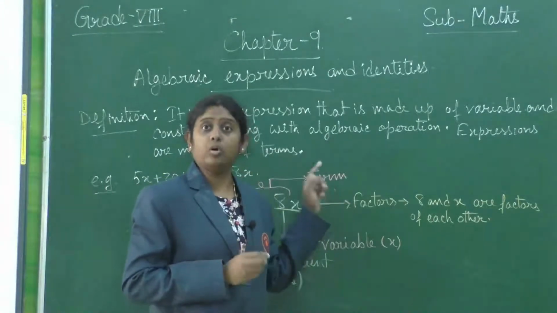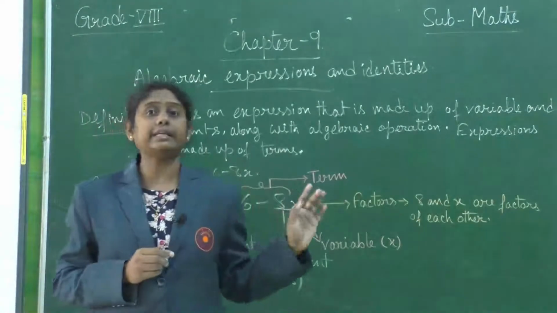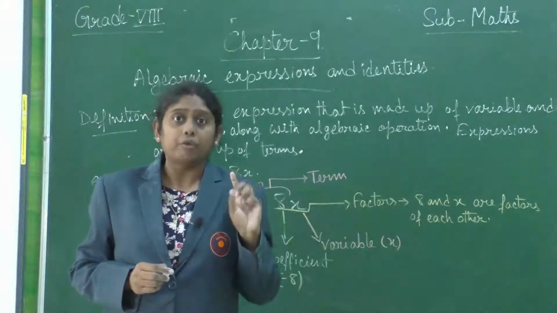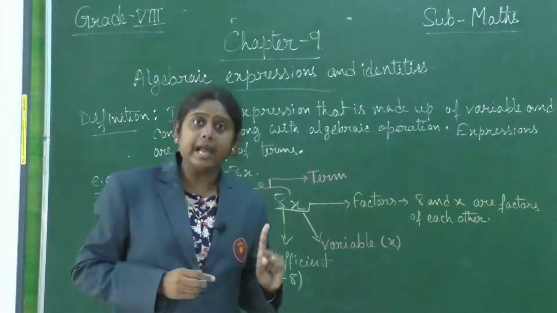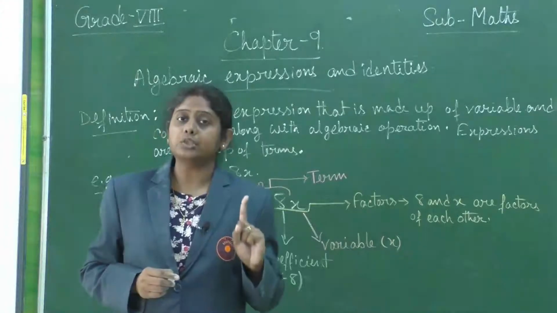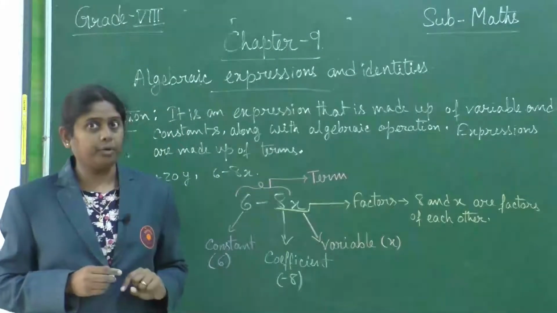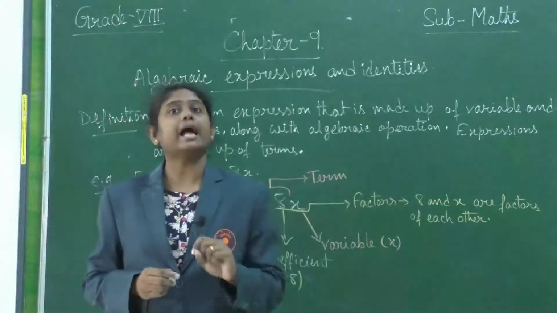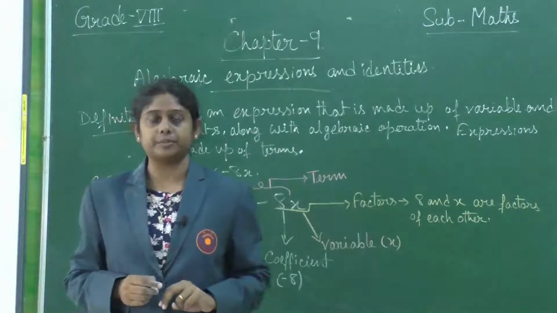Depending on the terms of the algebraic expression, we can classify it into 3 types. First is monomial, means in the algebraic expression there is only one term. Next, binomial, means in the algebraic expression there are only 2 terms.